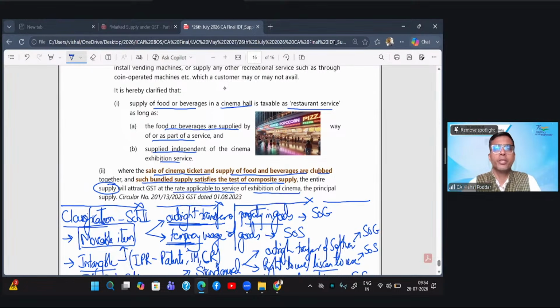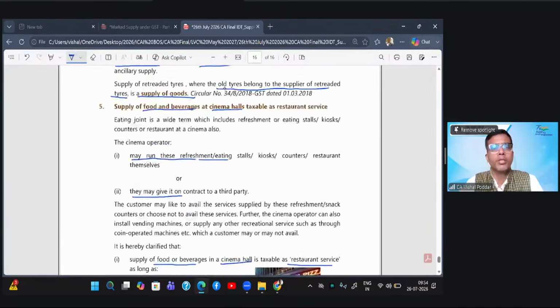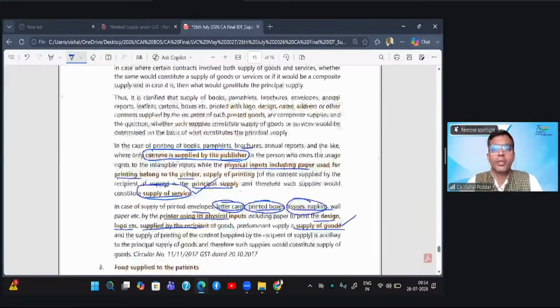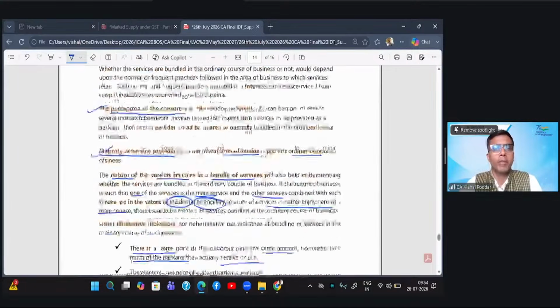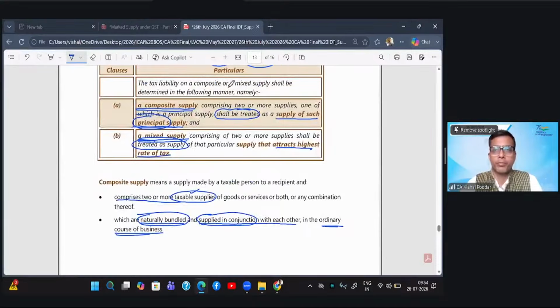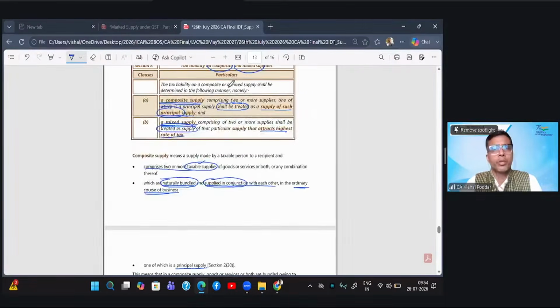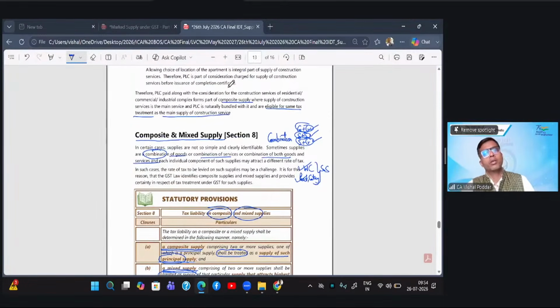So students, this is how the entire concept of mixed supply and composite supply is to be understood. We have understood this very important concept of mixed and composite supply.